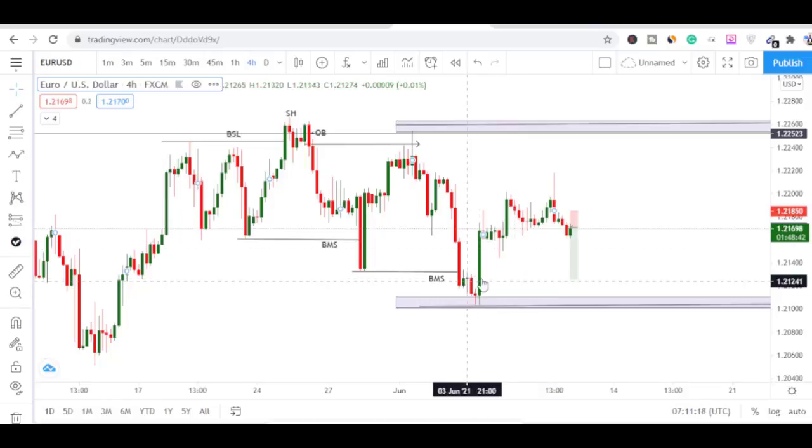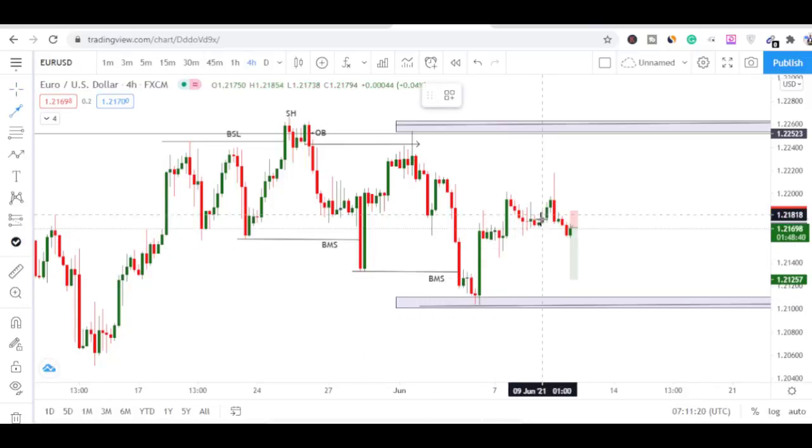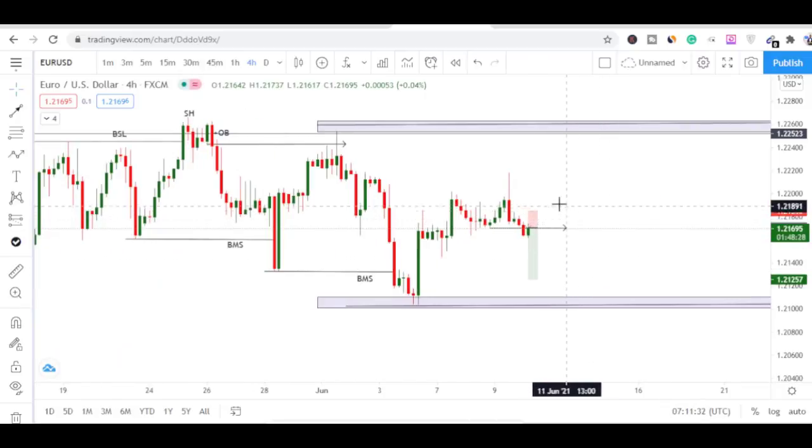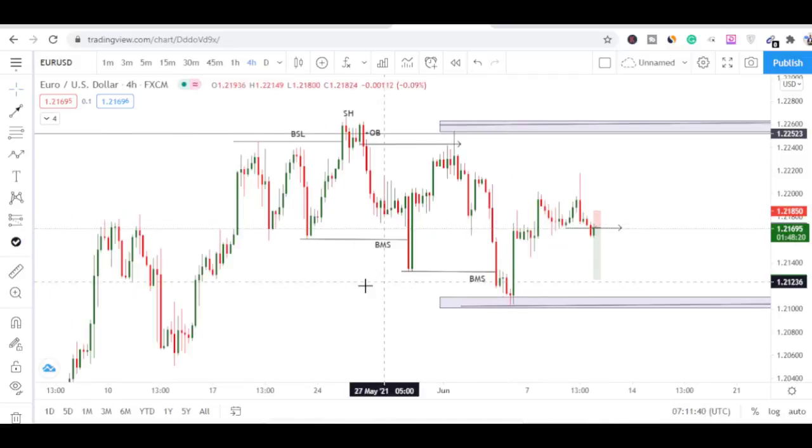Now price might retrace from this level to the downside. Let's do this. Yep, see where price is, so to the downside. And there's no point for price to come back here, because even this gap has been filled. No liquidity, no fair value gap at this level anymore, right?